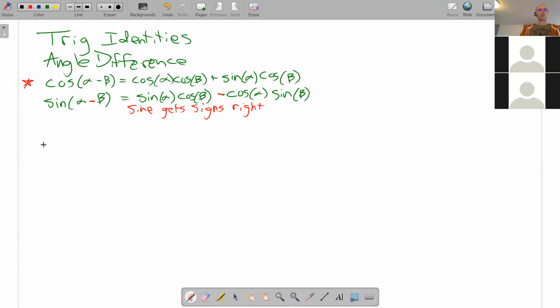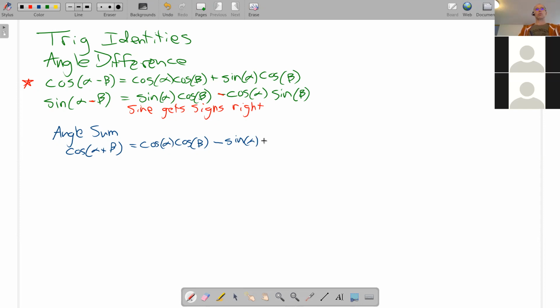Related to that are the angle sum formulas. So if we take cosine of alpha plus beta, that's going to give us cosine of alpha, cosine of beta, minus sine alpha sine beta. Let's see.